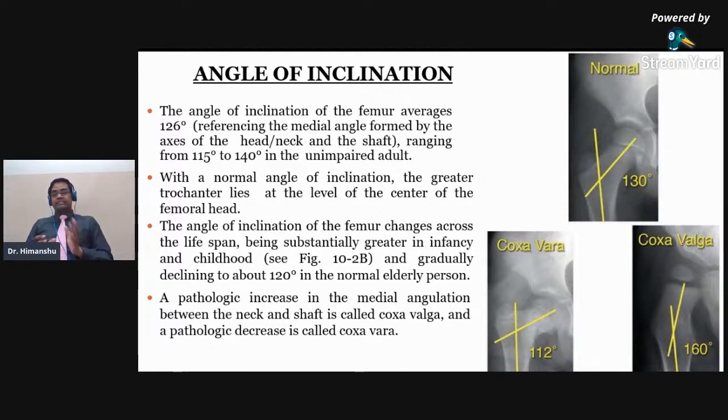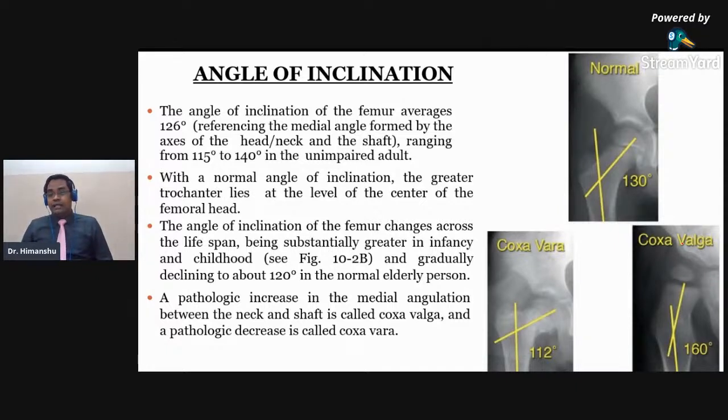Coming on to the distal articulating surface, that is the femoral head. So the first angle, without going into too much anatomy of the femoral head, I would directly jump onto the angle of inclination. So angle of inclination is again an entity of the frontal plane kinematics or the frontal plane biomechanics.